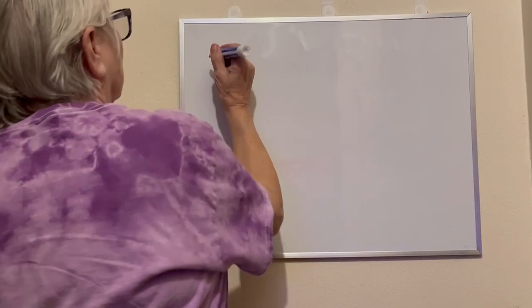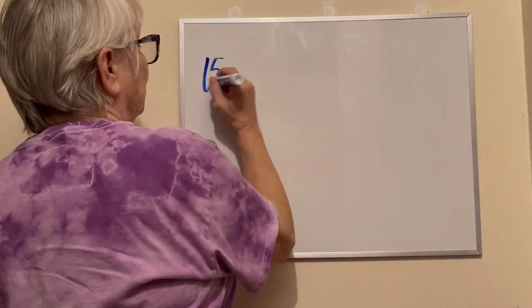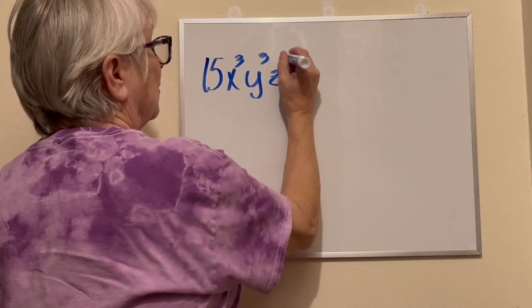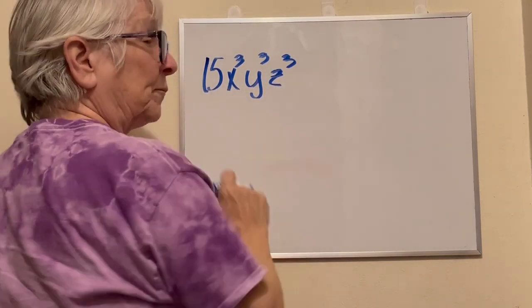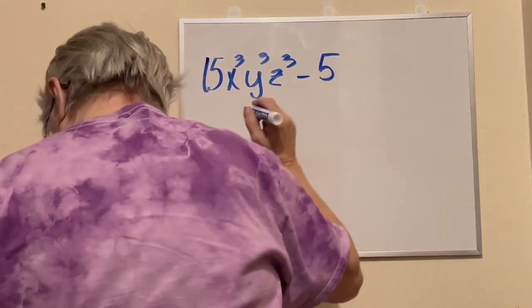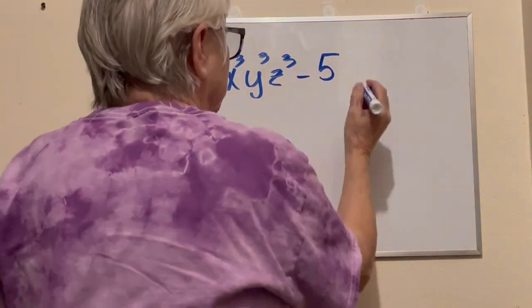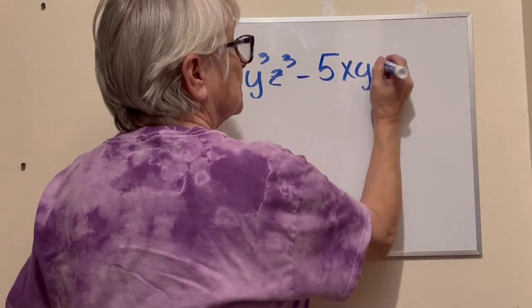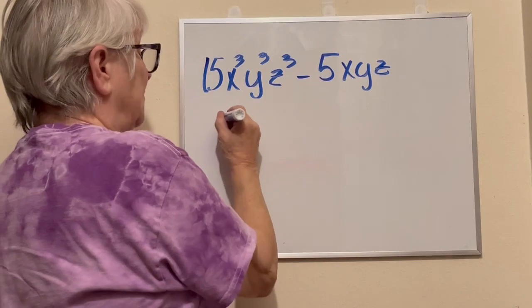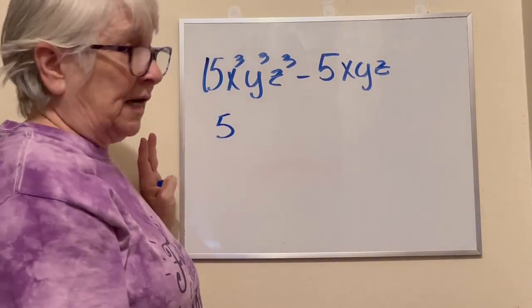15x3y3z3. So it's got 3 variables. Minus 5xyz. So 5 does go into 15. So 5 is the numerical GCF.